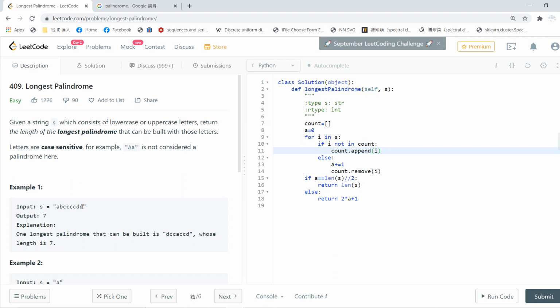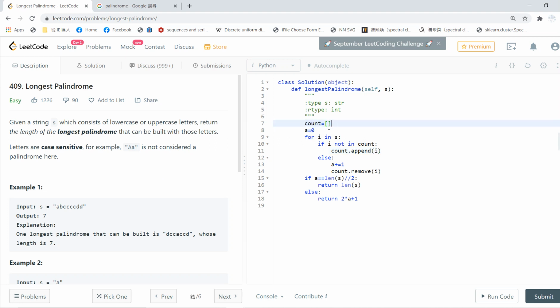So for example, we have 1 D, 1 C, and 1 C. These three characters happen twice in the string, so we have these two, and we can add another character A. Okay, so from this point of view, you know how to solve it.